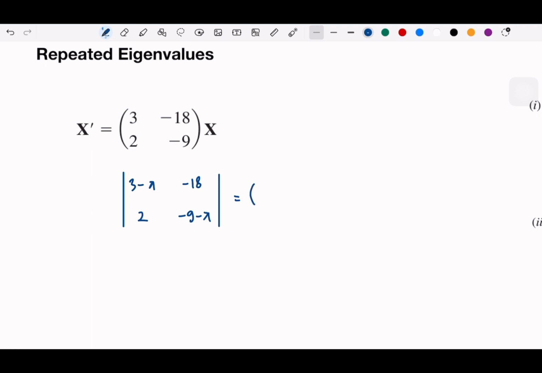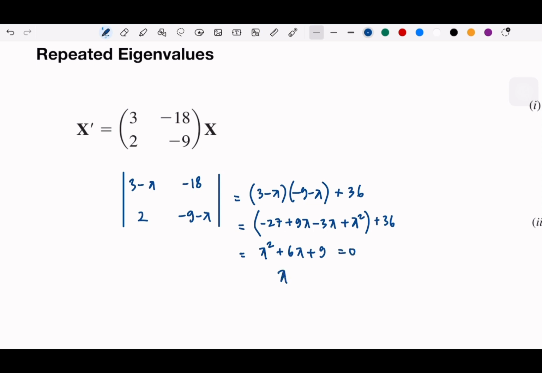So we can write... it's plus, sorry, 36 minus 27 is plus 9.